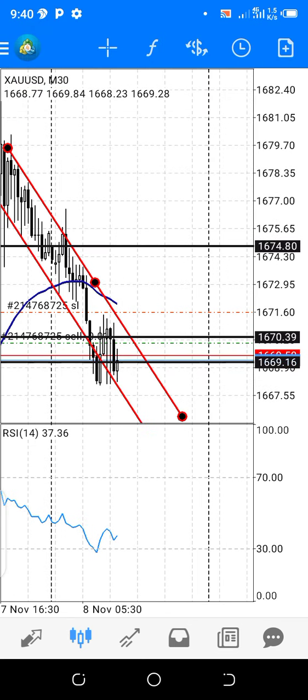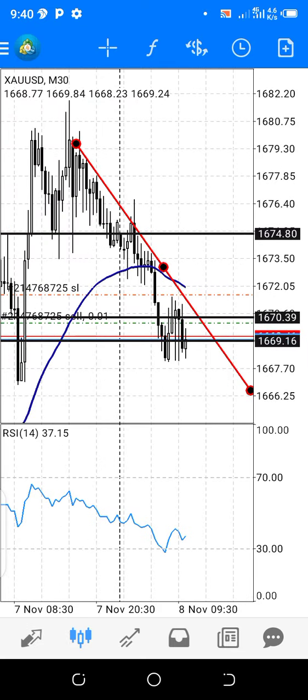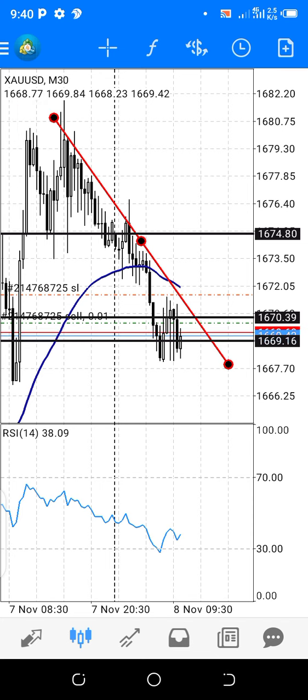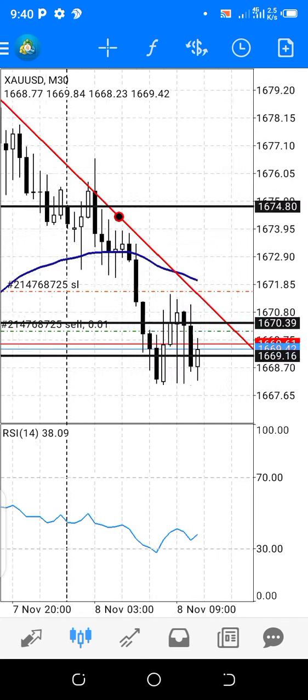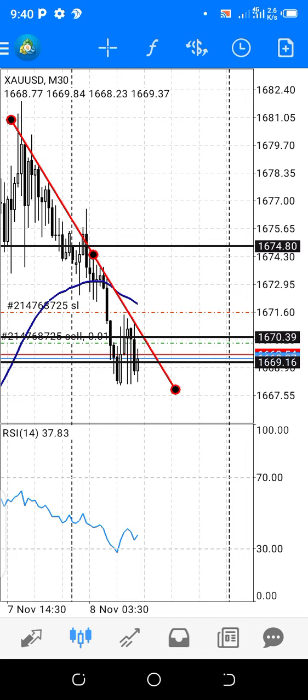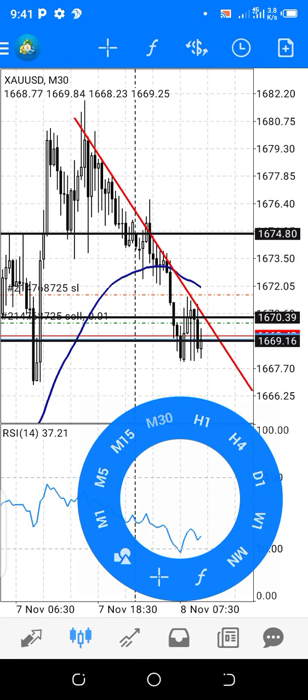Let me remove this one. So like what I'm seeing here now, this trend has eventually touched this place. So that is the reason why this trend has already touched this place.